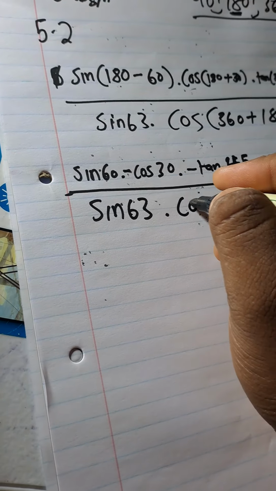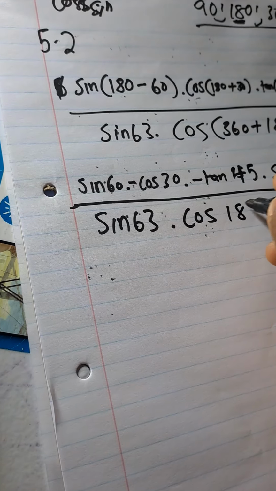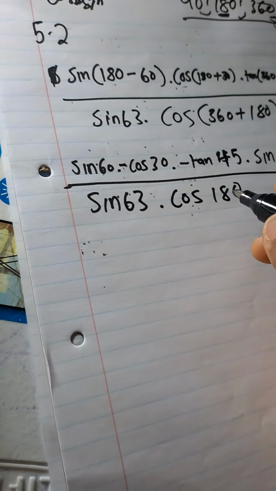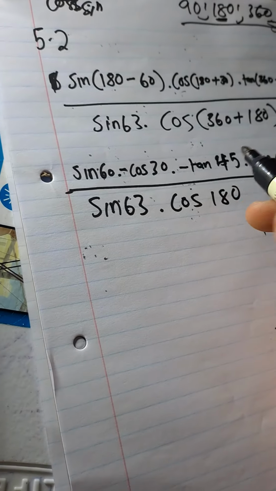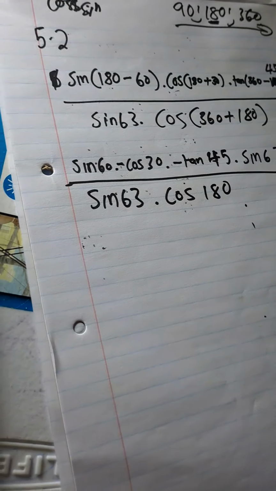Then cos 180. But before I continue, I have to know what 360 plus theta is. It is positive. It is also in the first quadrant, which means everything is positive. So let's continue, guys. As I said, you have to know the triangle of your special angles.